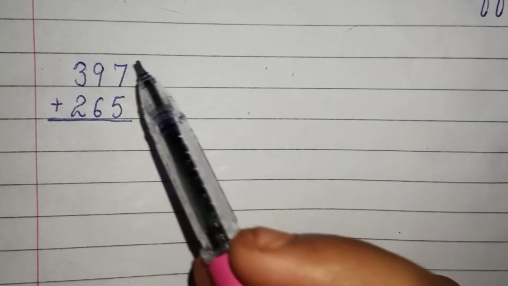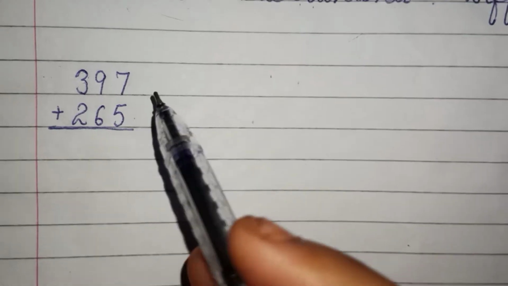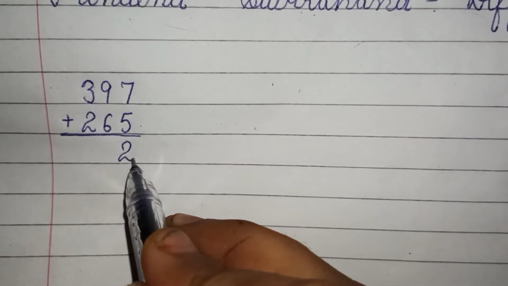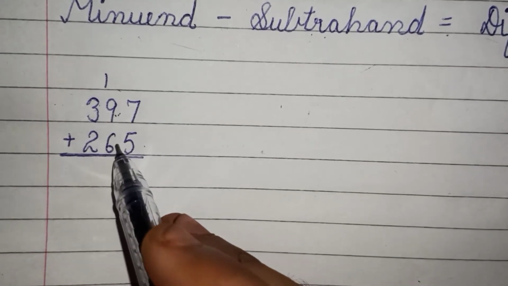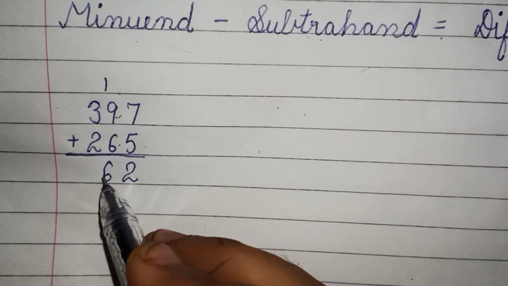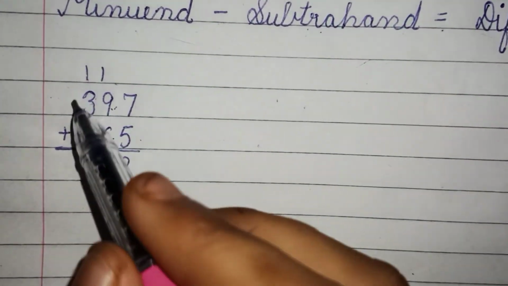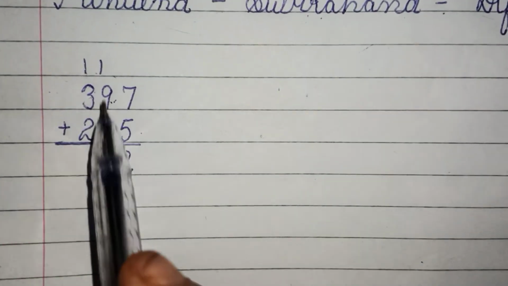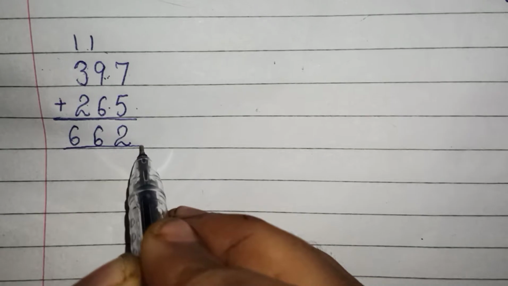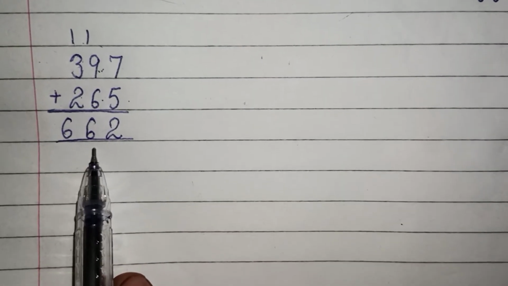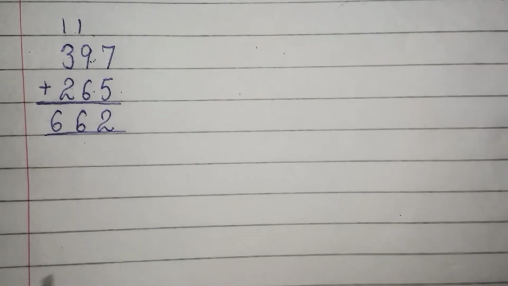Let's add. 7 plus 5 is 12, 1 carry. 1 plus 9 is 10, plus 6 is 16. 6 right here, 1 carry. 1 plus 3 is 4. 4 plus 2 is 6. So 662. Now 662 we have to write here.